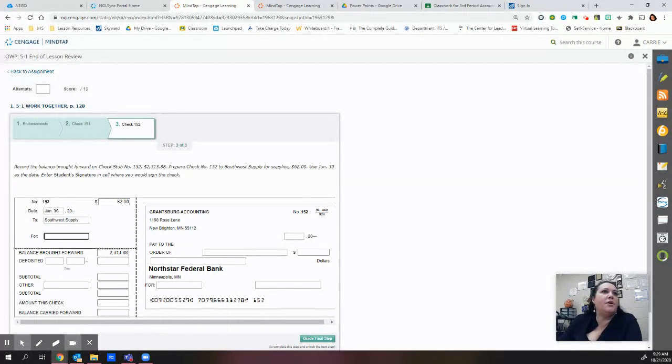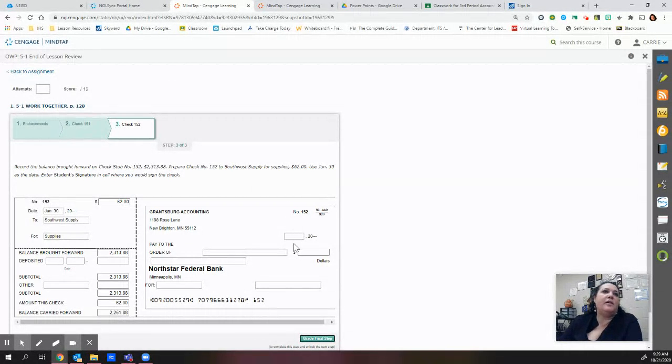And it's for supplies. Okay, so there's no deposit, so our subtotal is just going to be the same thing. There's nothing for other, so we subtotal again. And then the amount of this check is $62. So now we need to subtract $62 out of that, which is $2251.88.